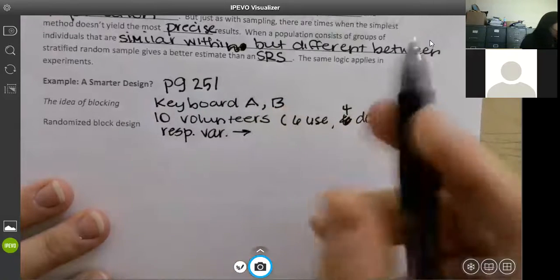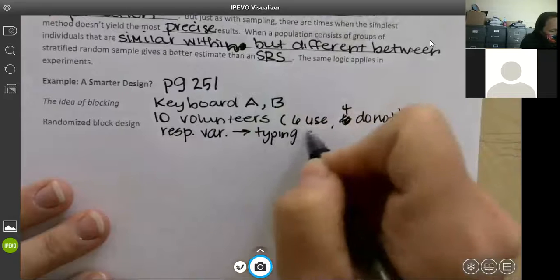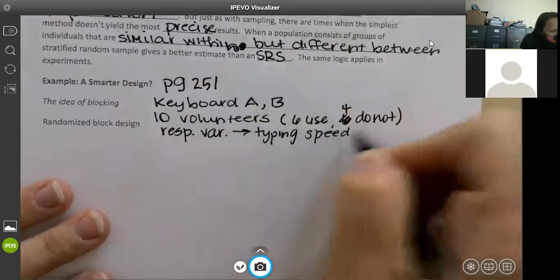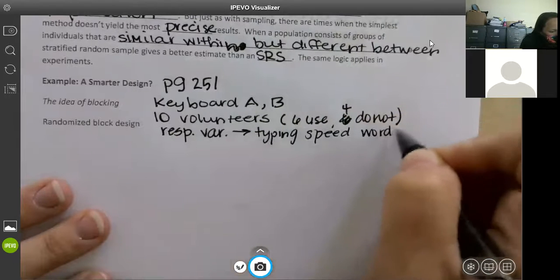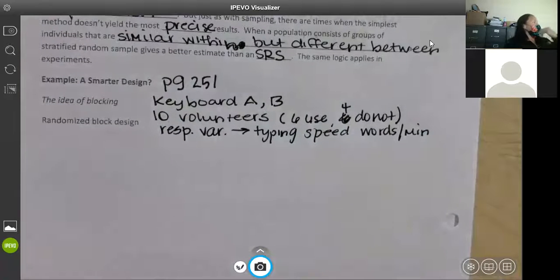And the response variable is the typing speed in words per minute. So that's just a nutshell of what went on.